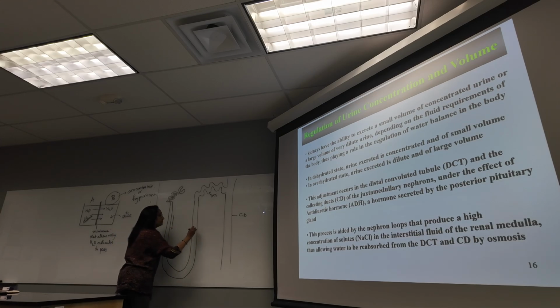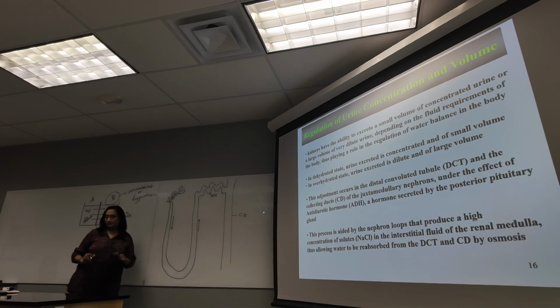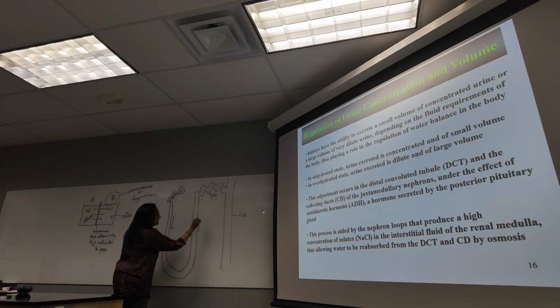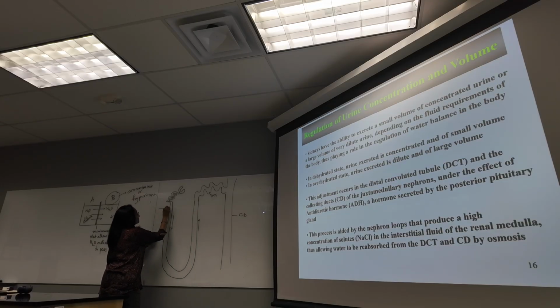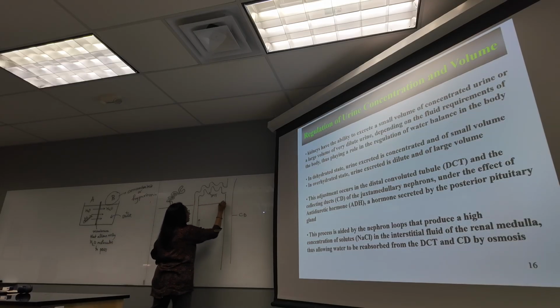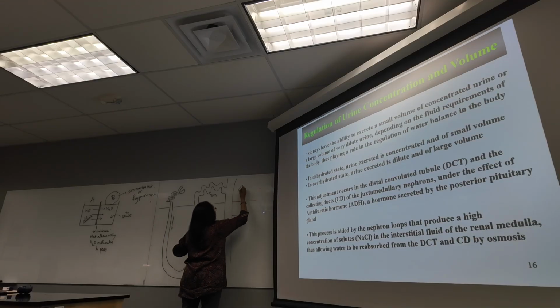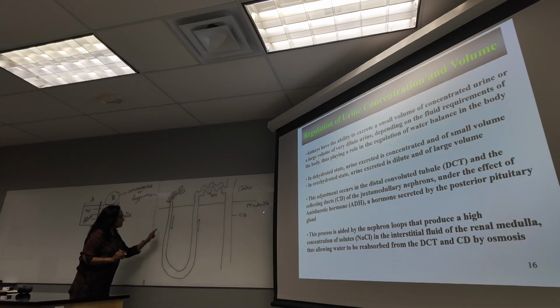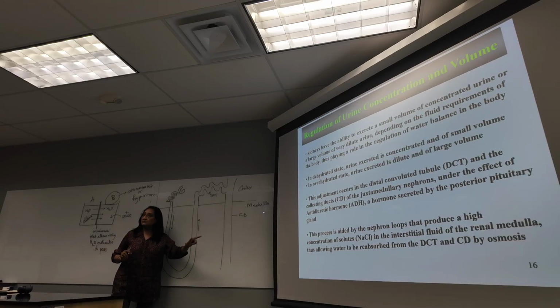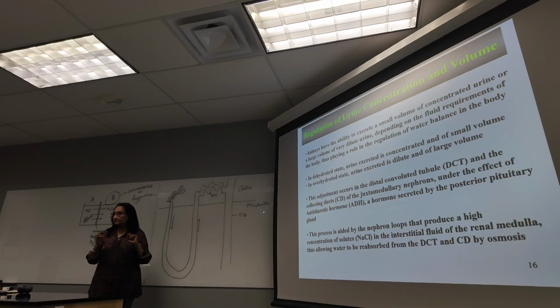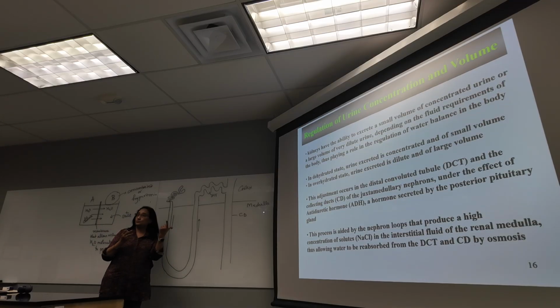Descending limb, ascending limb. And this part, so let's do this also. This is the cortex. This is the medulla. And this space that you see, this is the interstitium, the tissue space.